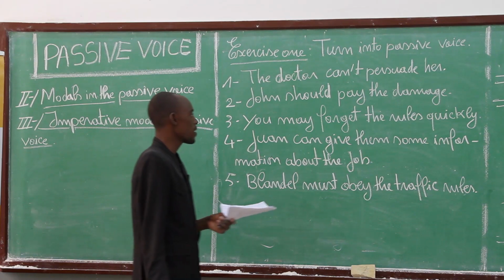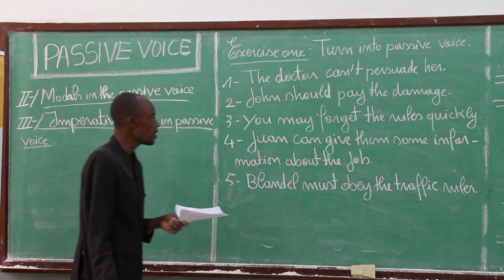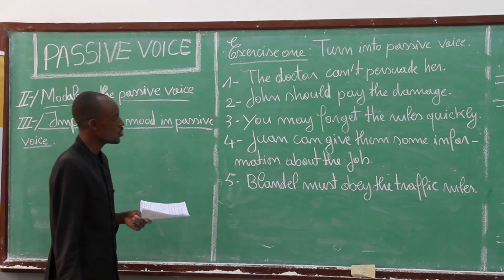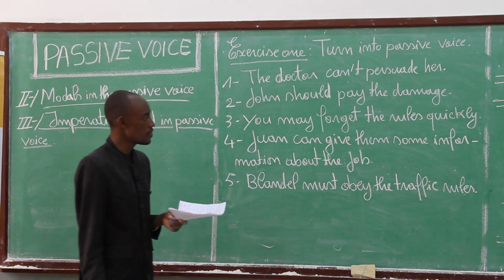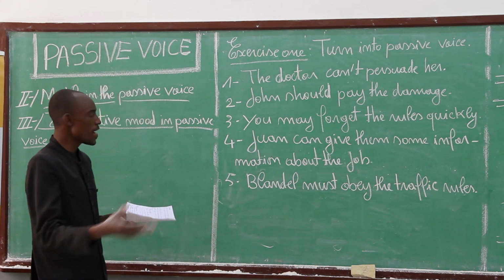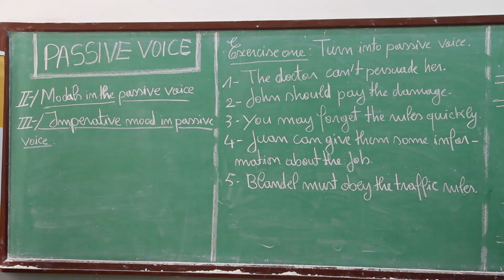You may forget the rules quickly. Joan can give them some information about the job. Blondel must obey the traffic rules. Now, dear learners, try to do this exercise. This is our first exercise.